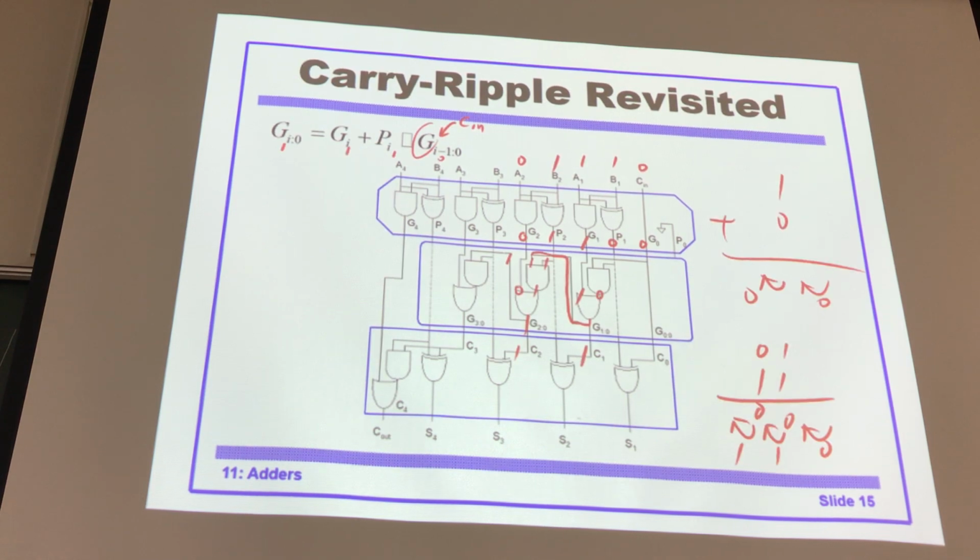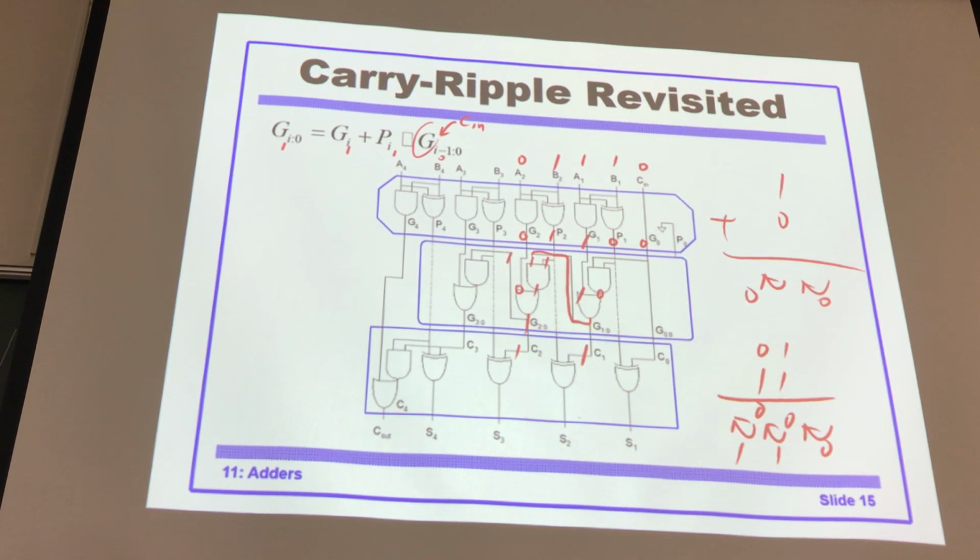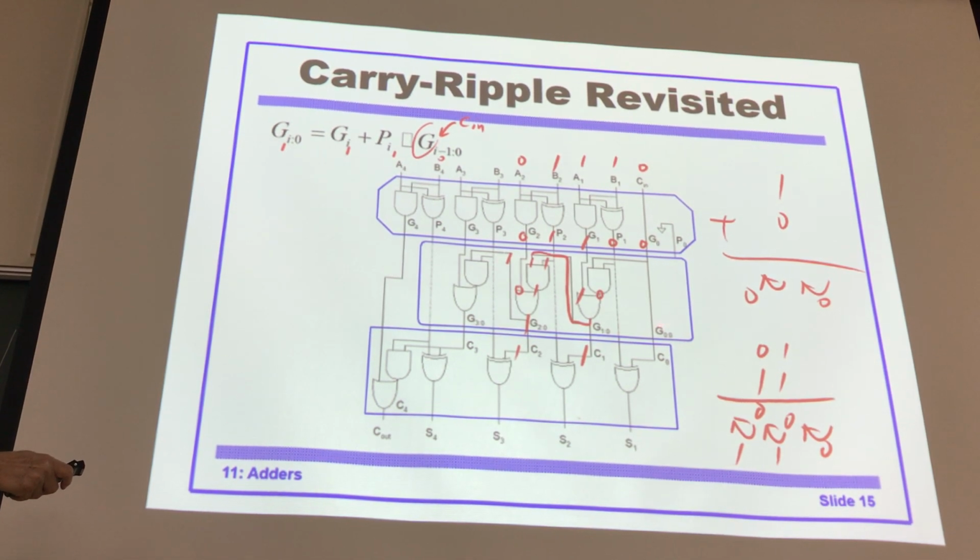And that's why this circuit here is faster. Yes, it's faster. Why is that? Because we pre-compute all the P and G at the same time. The only propagation delay is here, the critical part, because this is a chain.